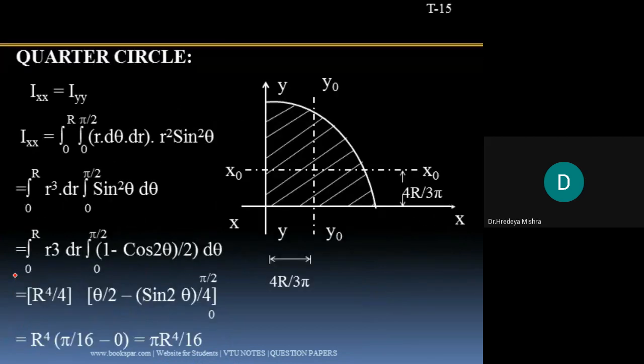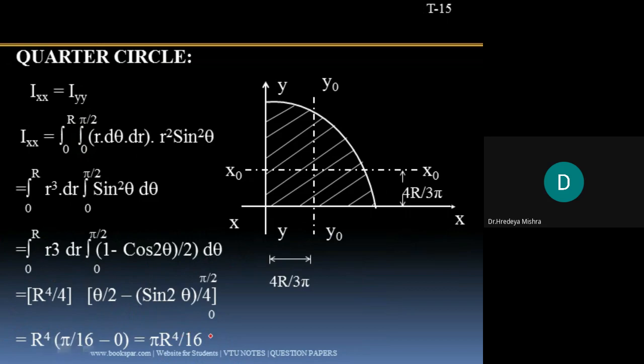Okay, now the quarter circle. Same thing, same formula is there. The only difference is the limit: for the circle 0 to 2 pi, for the semicircle 0 to pi, and for the quarter circle 0 to pi by 2. We just do the same things.